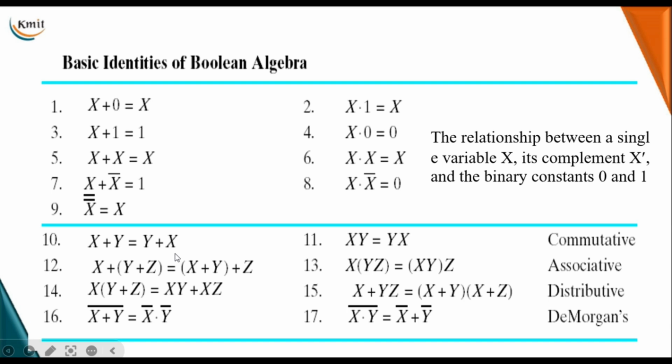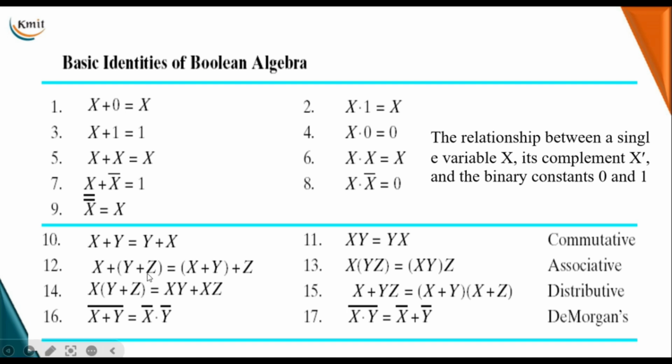Now let us learn about the laws in Boolean algebra. Commutative law: x OR y is equal to y OR x. If we replace the OR operation with an AND operation, the second law of commutative law is defined as xy is equal to yx.